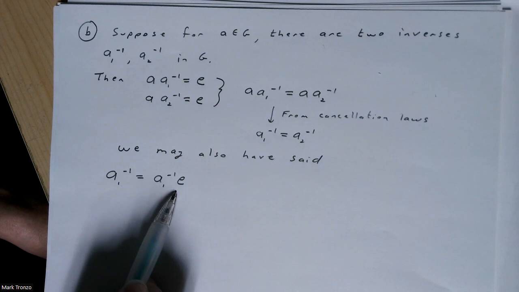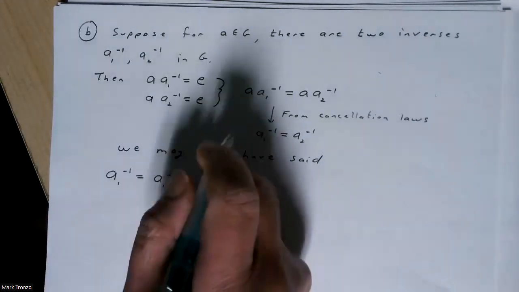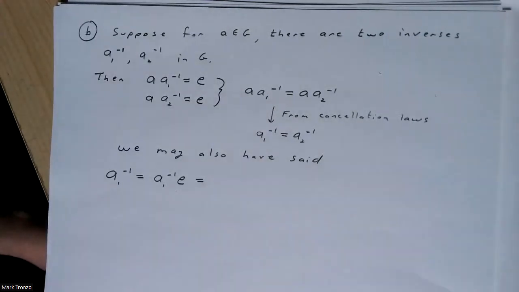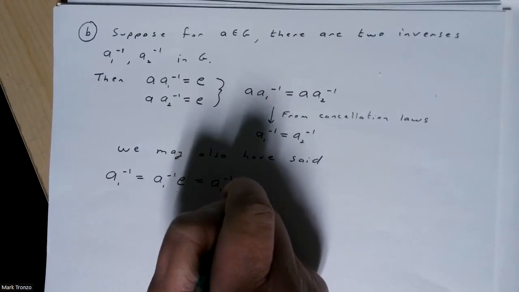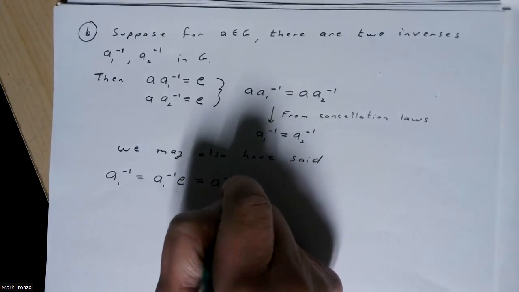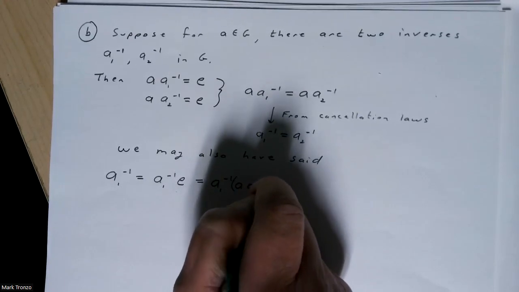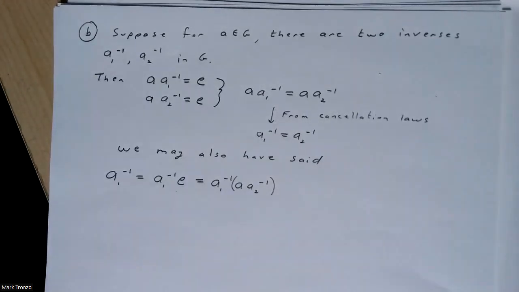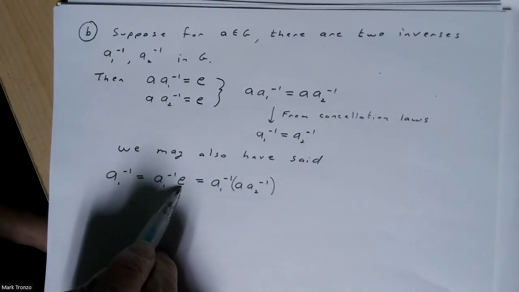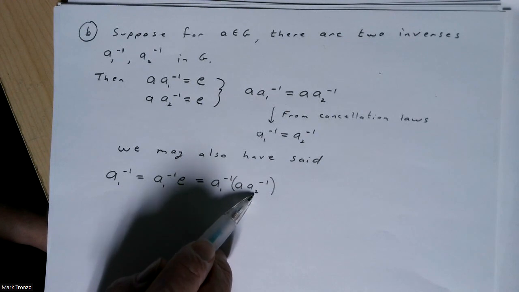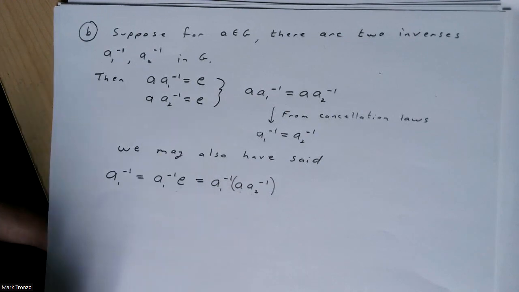So starting with this, put in this, and then we can say that this is equal to A1 inverse (A A2 inverse), like this, because we can replace the identity with this, because A times its inverse is the identity.